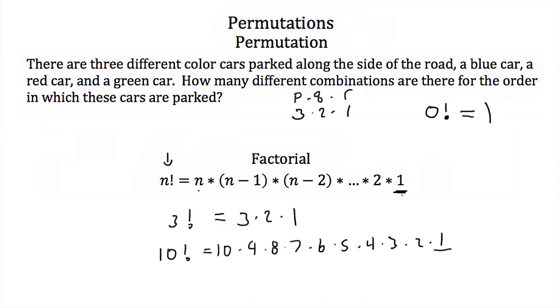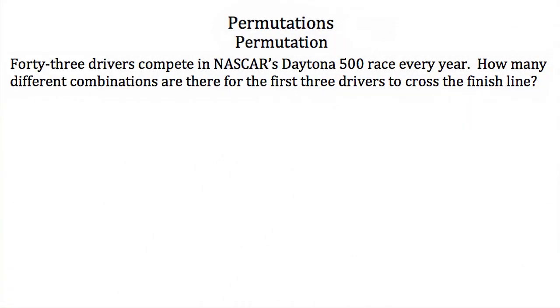Now, permutations don't always have to use every available choice. Here we're told that 43 drivers compete in NASCAR's Daytona 500 race each year. So how many different combinations are there for the first 3 drivers to cross the finish line? Well, whoever comes in first place, that's 1 out of 43 drivers.